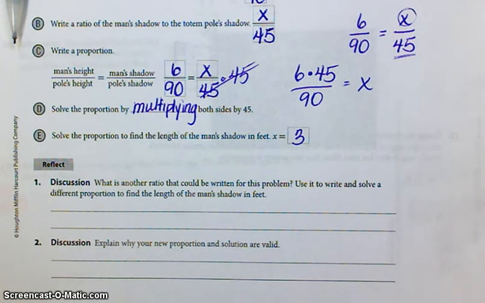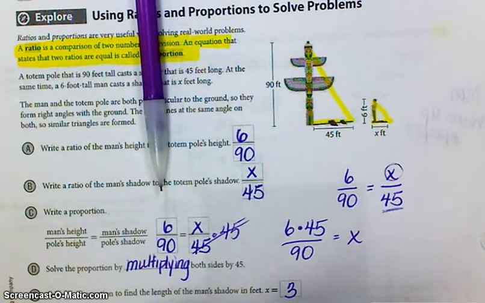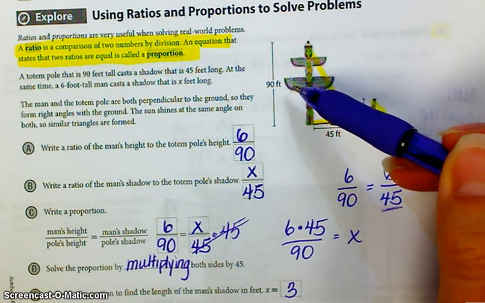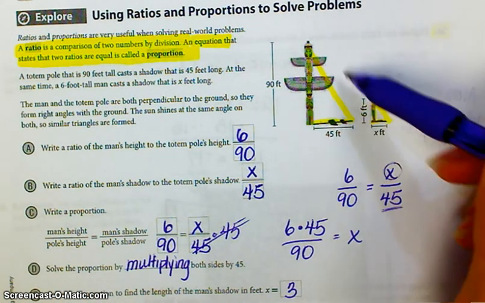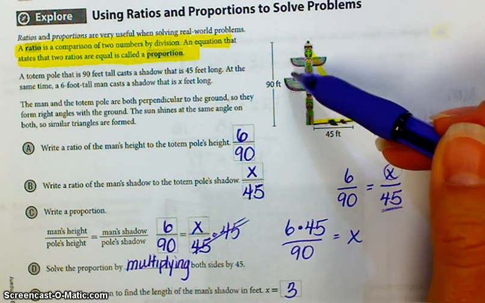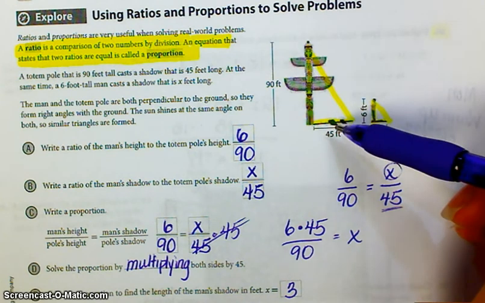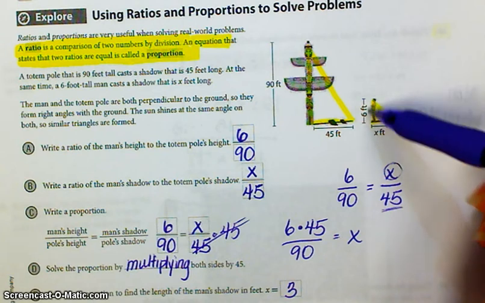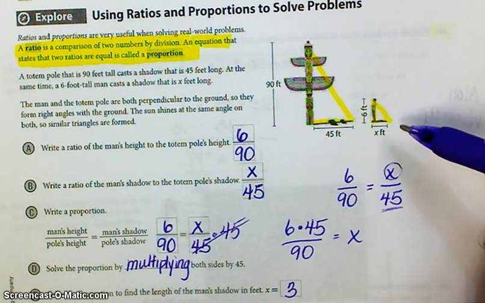Okay, so on number 1 discussion, it says, what is another ratio that could be written for this problem, and use it to write and solve a different proportion to find the length of the man's shadow in feet. Okay, so the first go around, they did the big item, and they said height over shadow, and they set that equal to the little thing's height versus shadow.